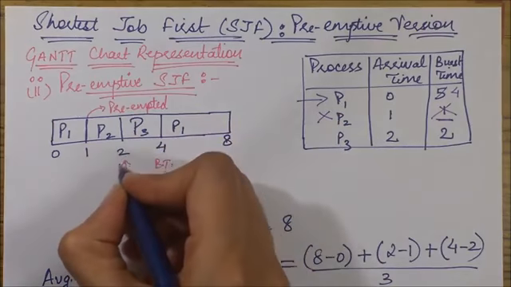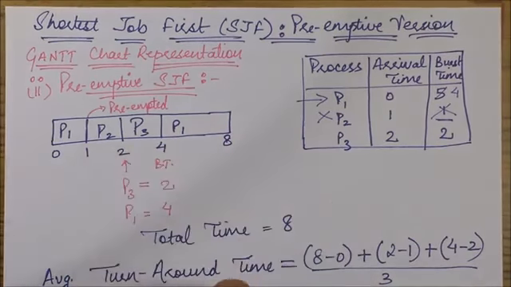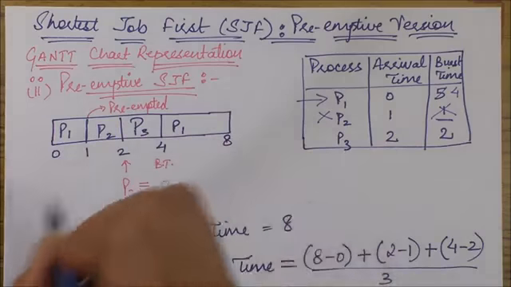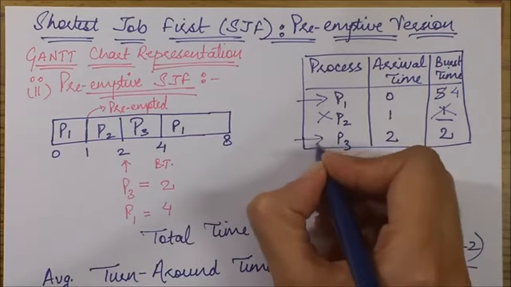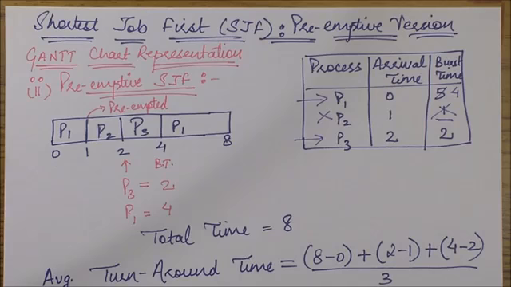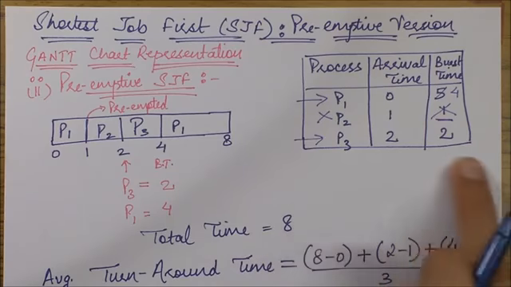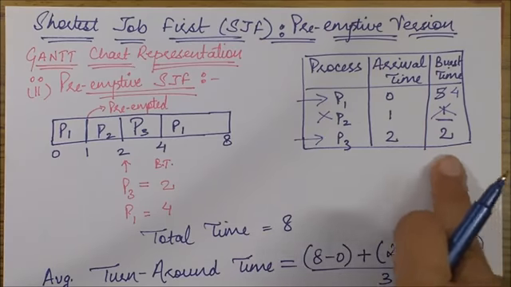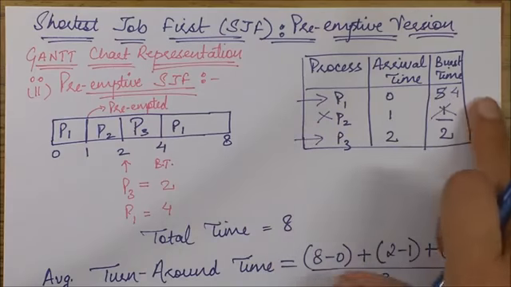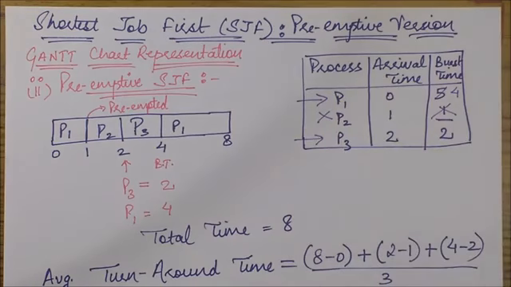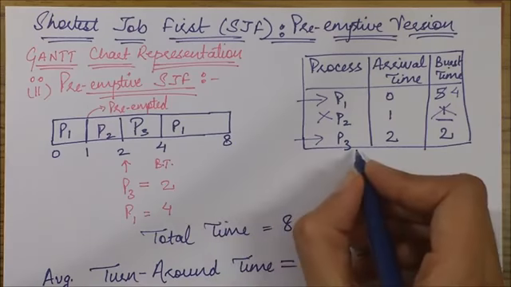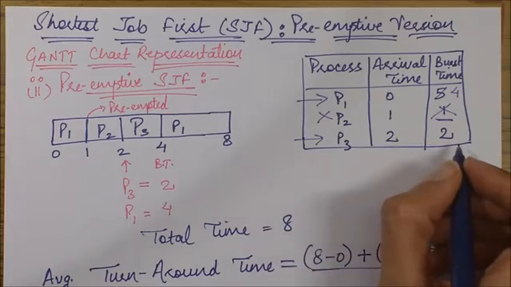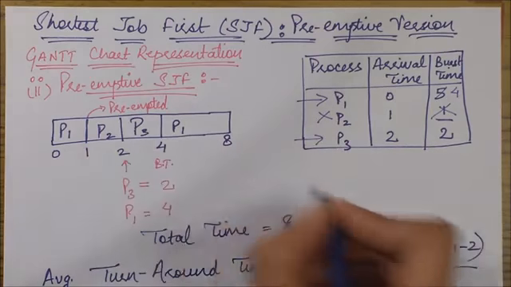Now at time instant 2, we need to make a decision between P1 and P3, because there are two processes in the picture. P3 has 2 time units to be executed and P1 has 4 time units left. So obviously P3 has a smaller time interval to be executed, and we start with P3.